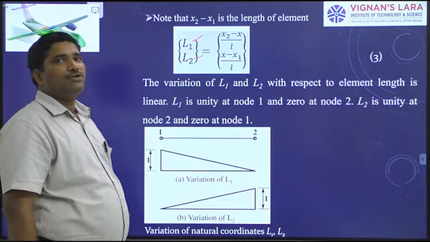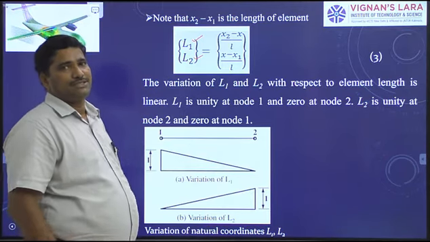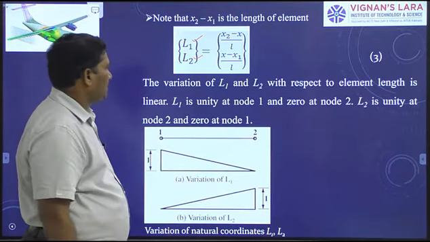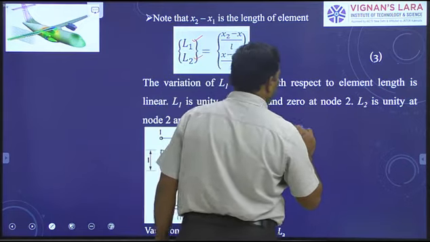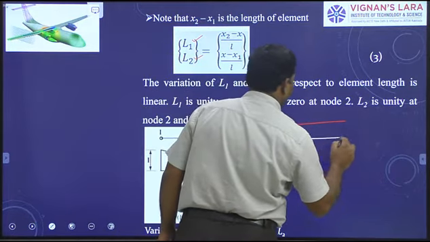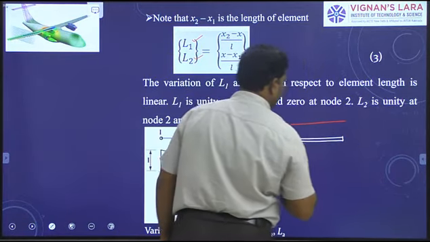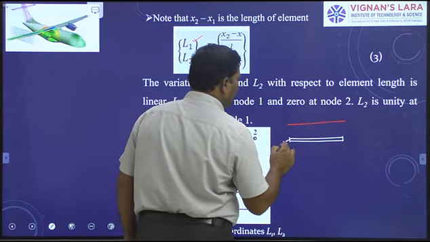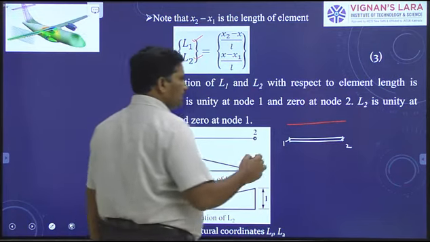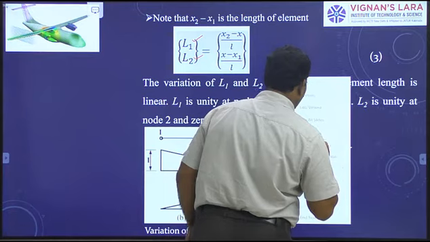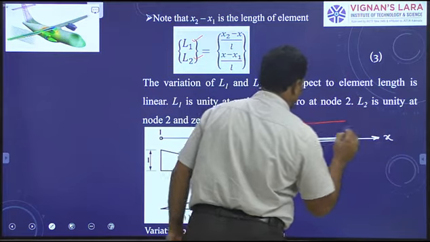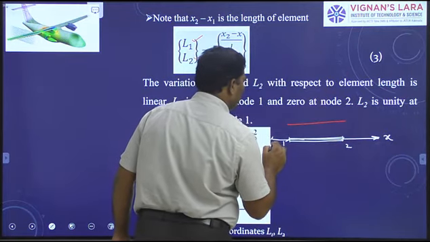They are the natural coordinates. I said natural coordinates represent dimensionless numbers. They do not carry units. We check here: if you take a member like this with uniform cross section, with nodes 1 and 2, then to define every point on this member, you can take a reference frame like this with coordinate axis x and origin here, for example.